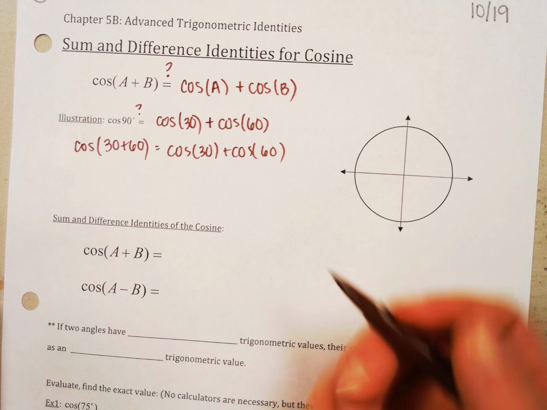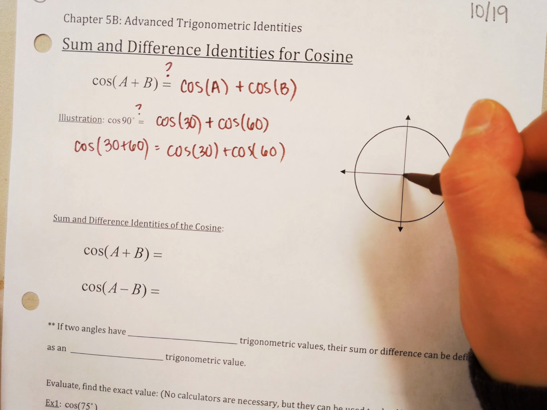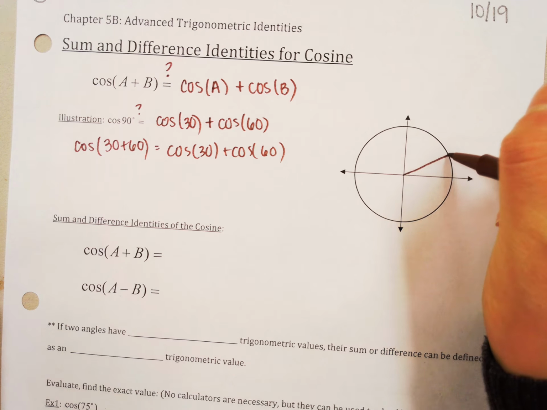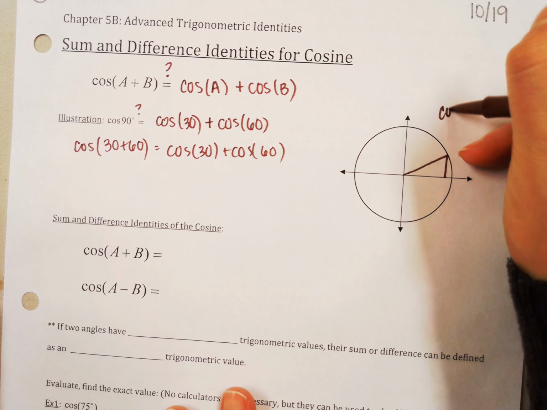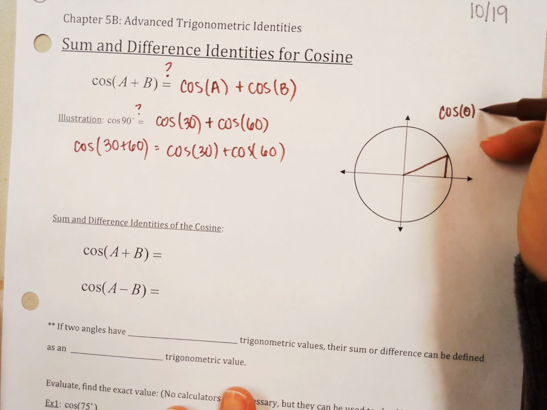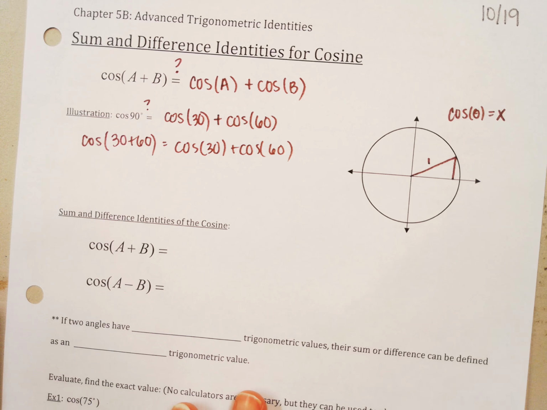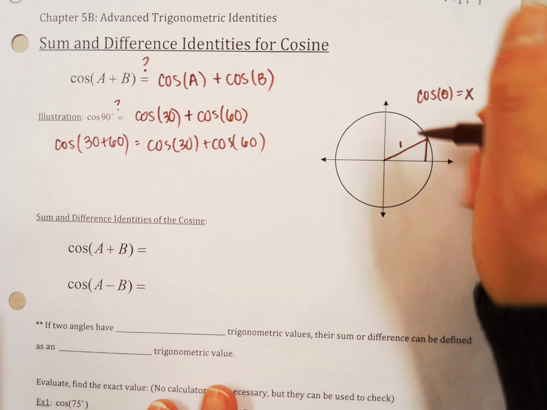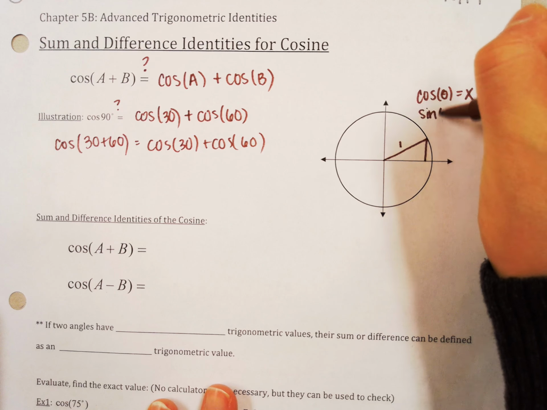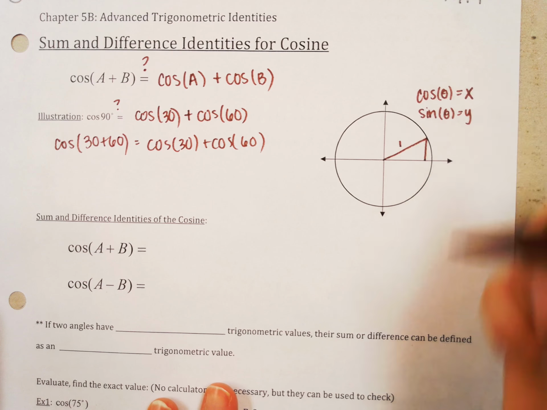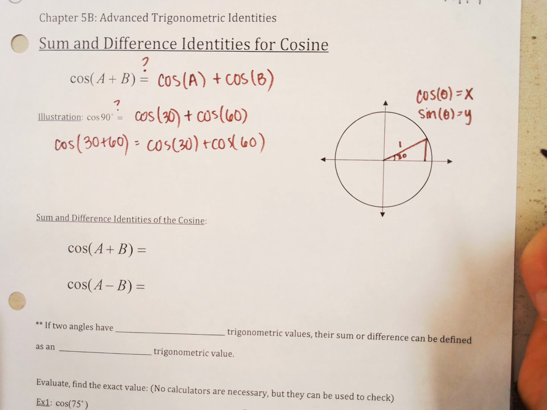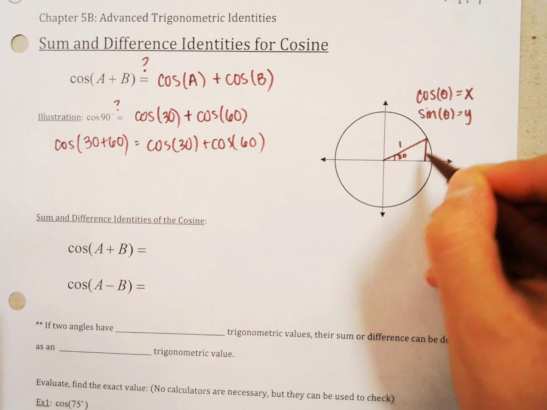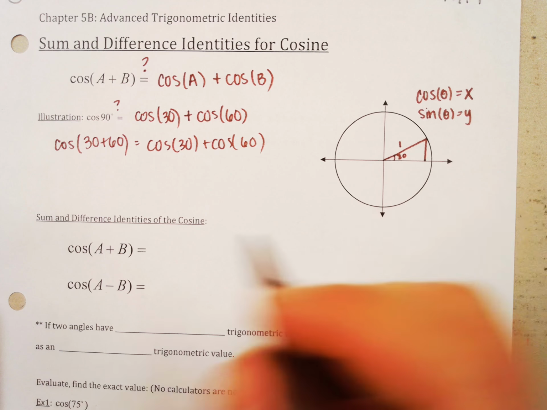So remember, 30-degree angles on our unit circle look something like that. Remember, cosine is always our x value on our unit circle, where our hypotenuse is 1, so just a little bit of a review. And then the sine of theta is always our y value. So at a 30-degree angle, now we're dealing with a 30-degree reference triangle, this side length would be 1/2, this side length would be root 3 over 2.